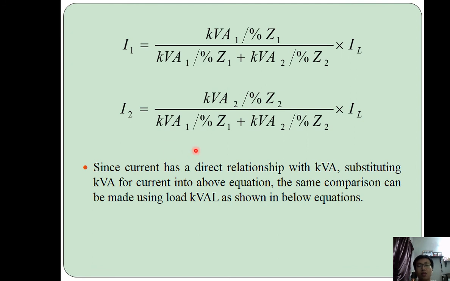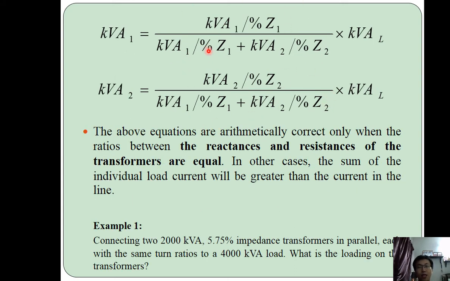Then, since the current has a direct relationship with the kVA, substituting kVA for current into the above equation, the same comparison can be made using the load kVA as shown in the equation like this. The above equations are arithmetically correct only when the ratio between the reactance and resistance of the transformers are equal. In other cases, the sum of the individual load currents will be greater than the current in the line.